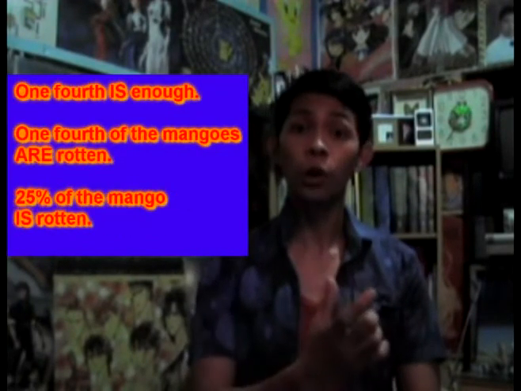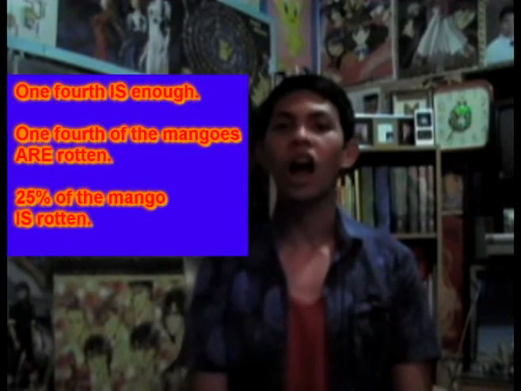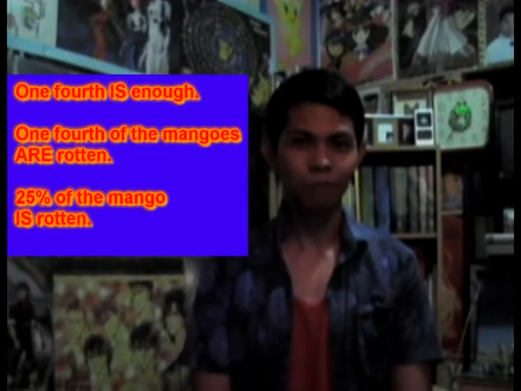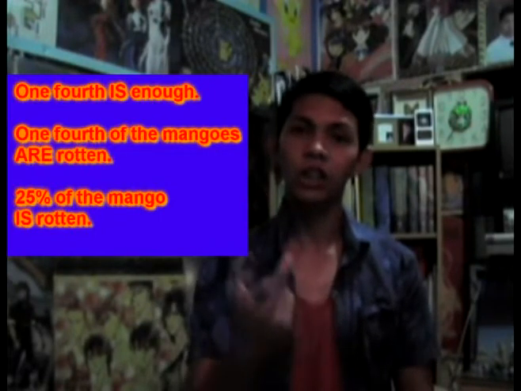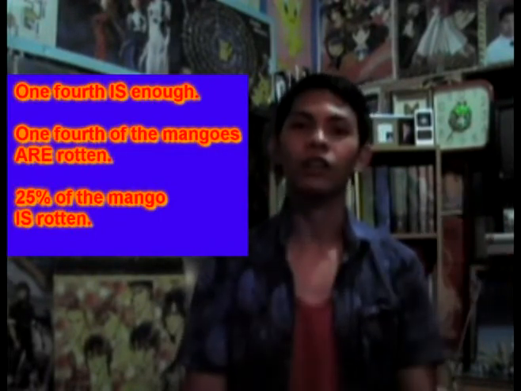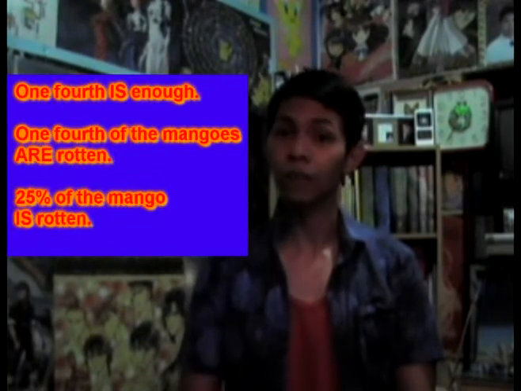Again, 1/4 of the mangoes are rotten. The verb this time agrees with the of phrase, not with the fraction. That is if there is an of phrase, a prepositional phrase that starts with of.